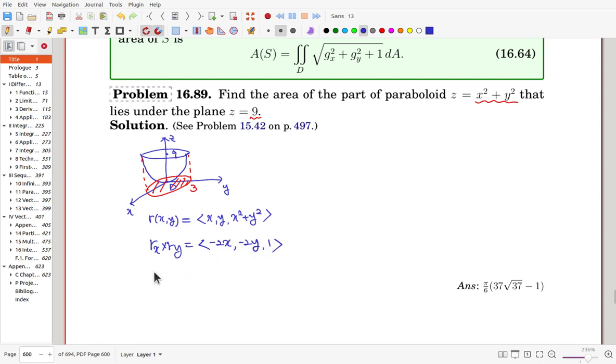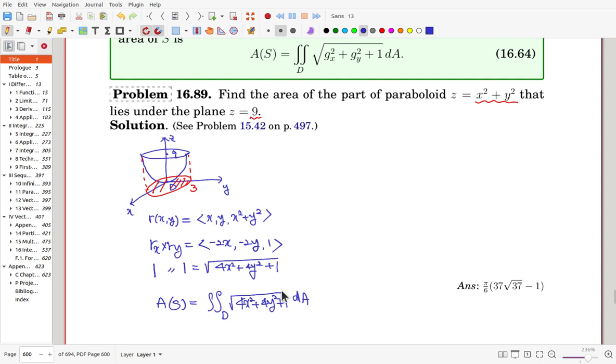So here the magnitude of that cross product is the square root of 4x squared plus 4y squared plus 1. So the area of the surface must be the double integral over D of the scaling factor, the square root of 4x squared plus 4y squared plus 1, dA.